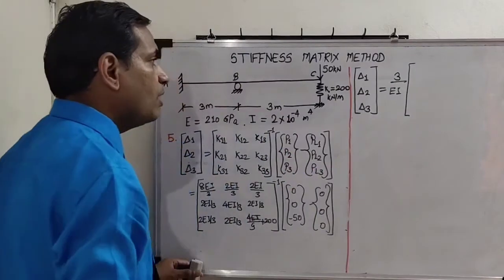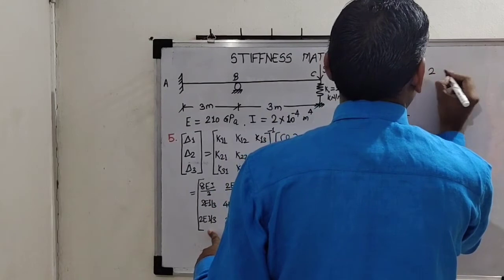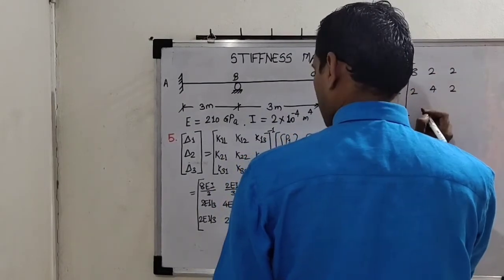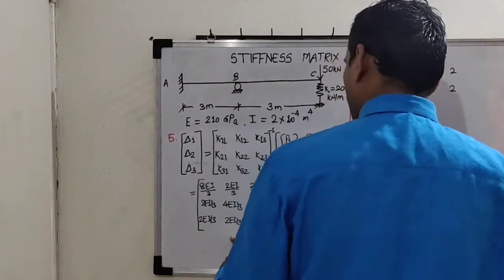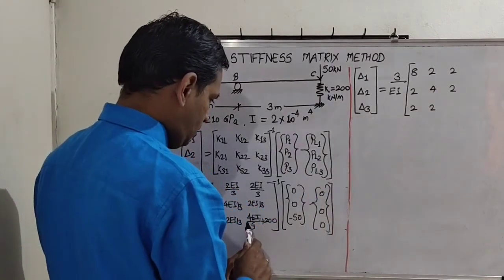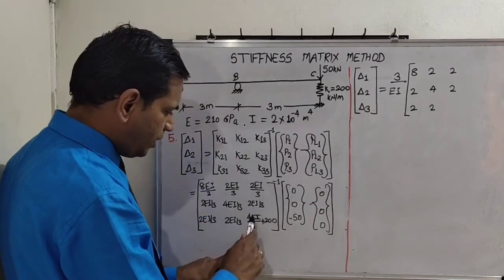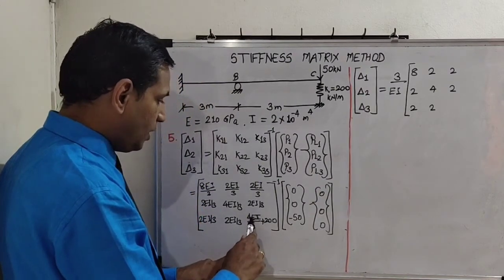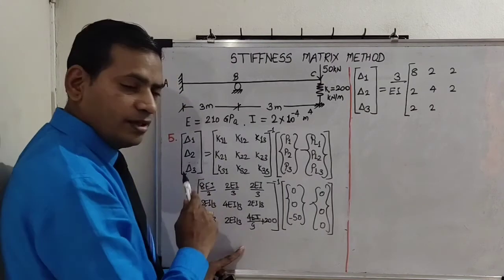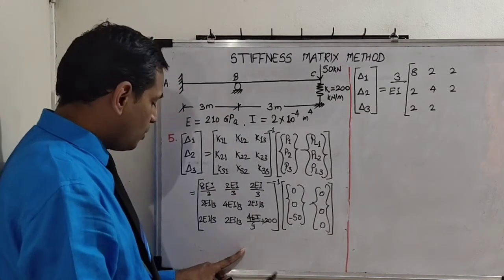What is there now inside the inverse of the matrix? 8, 2, 2, then 2, 4, 2, then 2, 2. Carefully see here now. We have taken EI upon 3 common from this. So if you take EI upon 3 from this term, it will remain 4 upon 3. Okay, from this first term only, 4 upon 3. So what is 4 upon 3?